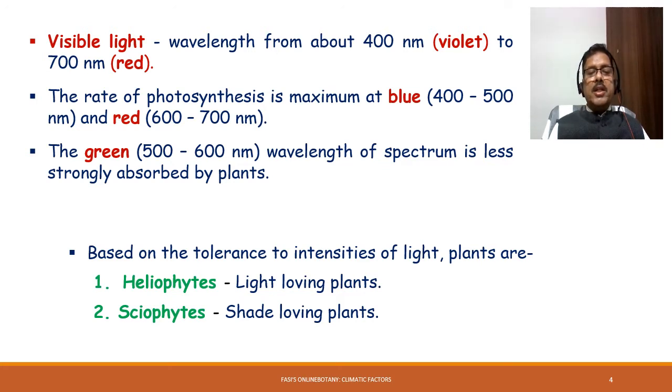Based on the tolerance to intensities of light, the plants are divided into two types: heliophytes, light-loving plants, that is angiosperms; and sciophytes, shade-loving plants, for example bryophytes and pteridophytes.